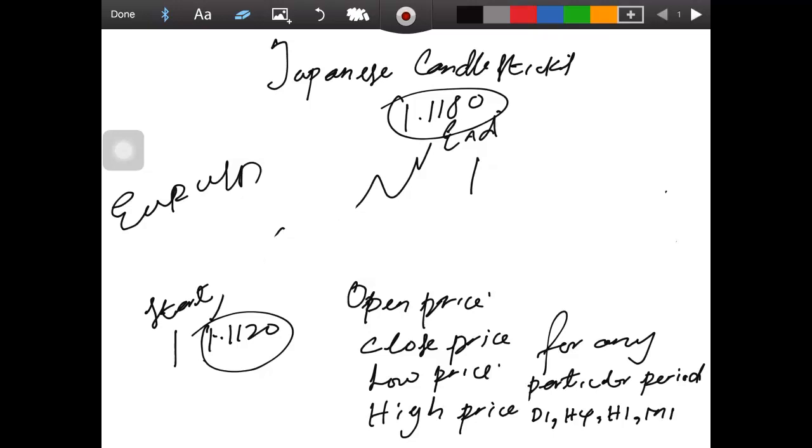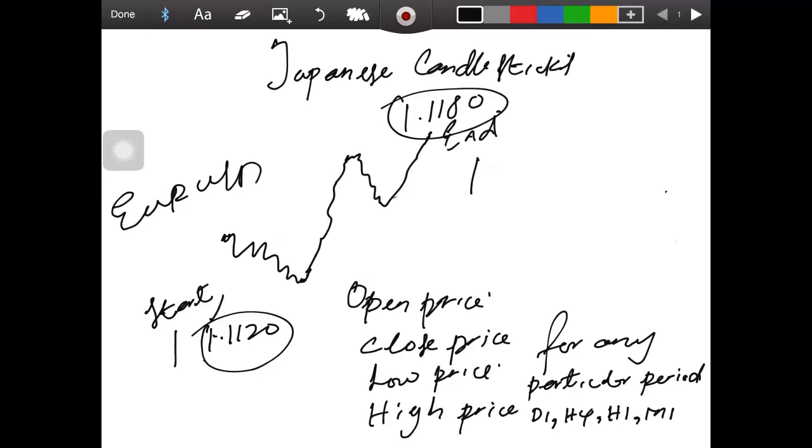Let me make this a little bit better, so you can have something like this. Let's say it started here, came down, went up, came down, and then ended there.